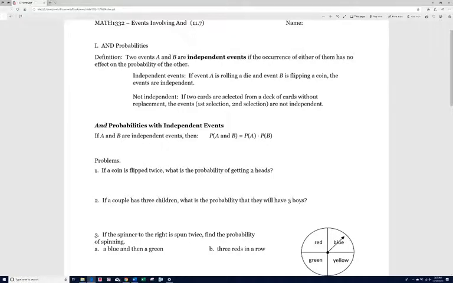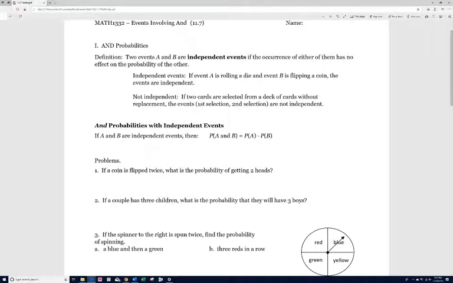By the way, when we're doing "and" probabilities, this idea of independent or not is really important because we treat them differently. With independent events, an example would be rolling a die as event A, and flipping a coin as event B. When you roll a die, that is not going to affect the probability when you flip your coin.